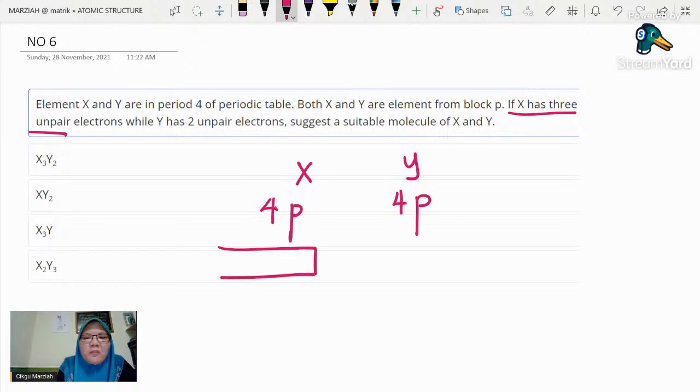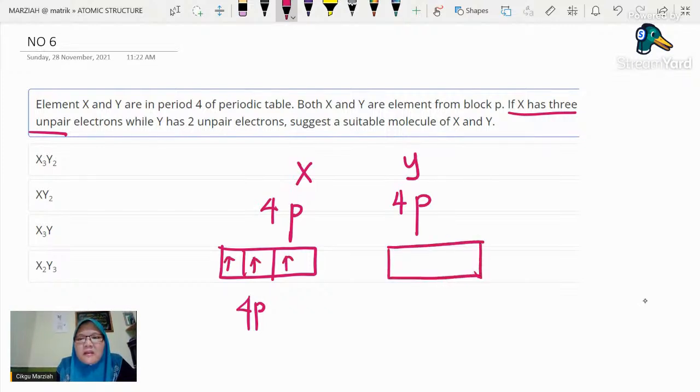Okay, if X has 3 unpaired orbital. 4p ni dia ada 3 kotak. This is 4p orbital. 3 unpaired electron. While Y, which is 4p orbital, ada 2 unpaired electron. So satu ni pair lah. Okay.